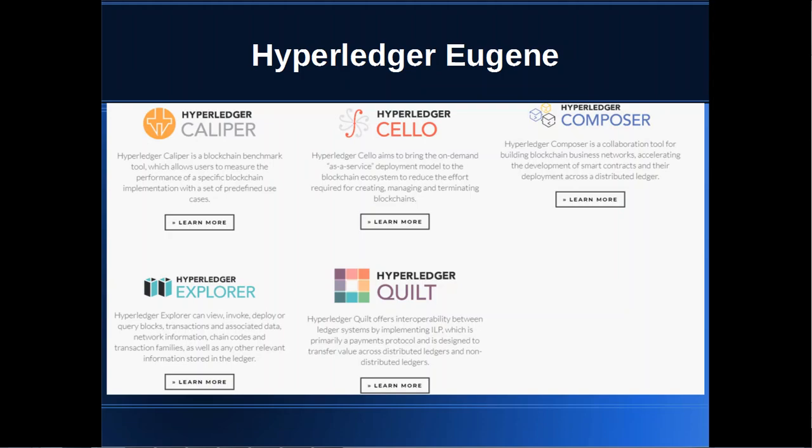HyperLedger Composer is basically, I'll call it an IDE, but that's probably a bit of a misnomer. It's a tool for creating distributed ledger technologies, mainly at the moment Fabric. HyperLedger Explorer allows us to look at our distributed ledgers and see what transactions are on those and how they're grouped and so on.